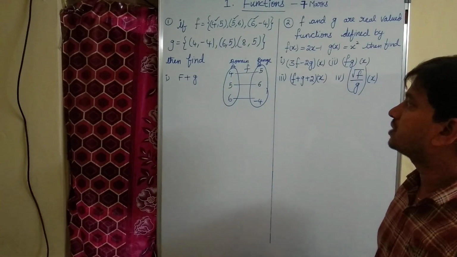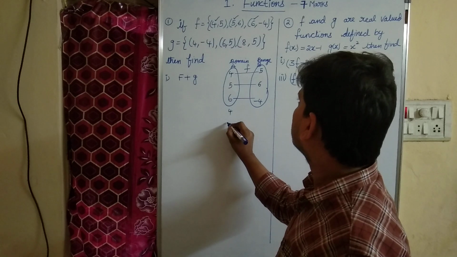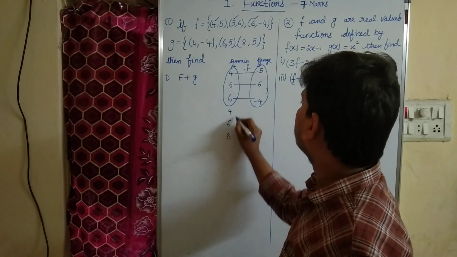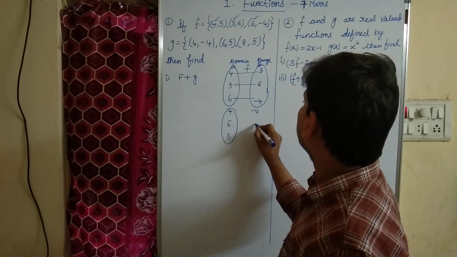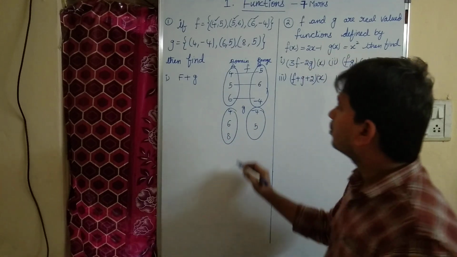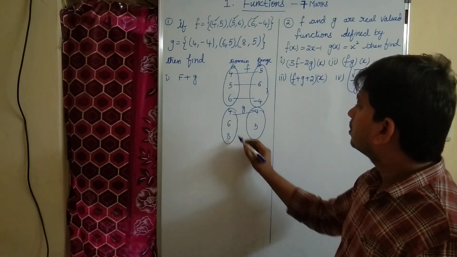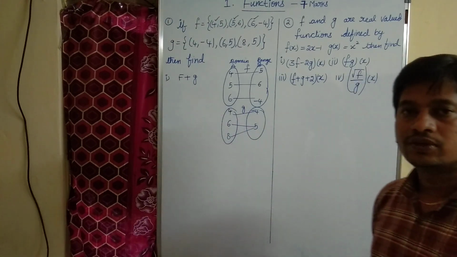Okay. And coming to the second function g, 4, 6, 8 is called domain, and -4, 5 is called range. This is the function g, 4 to -4, 6 to 5 and 8 to 5, right?